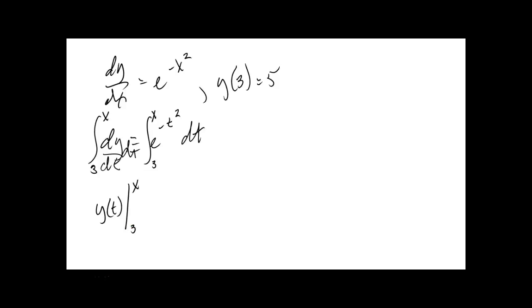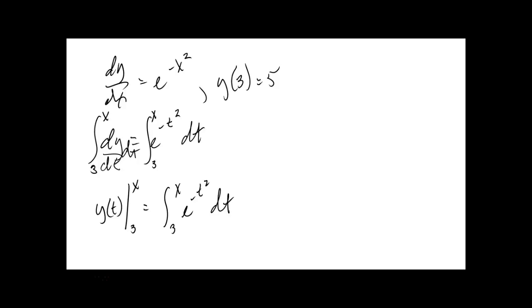The integral of the derivative is the argument of that derivative, the y. And over here, we just leave it alone. The integral from 3 to x of e to the minus t squared, because we don't know how to integrate that anyway, and we'll just leave it like that. That's having what they call solutions defined by an integral. That's going to be part of your solution.